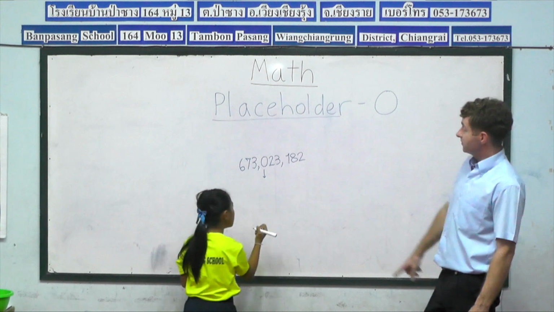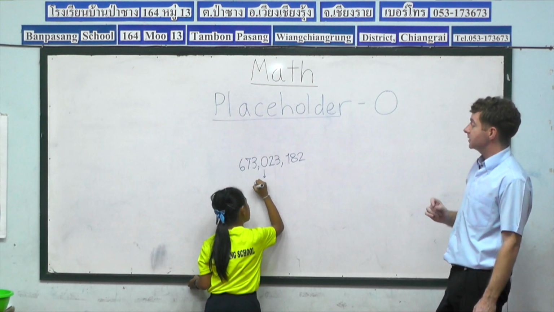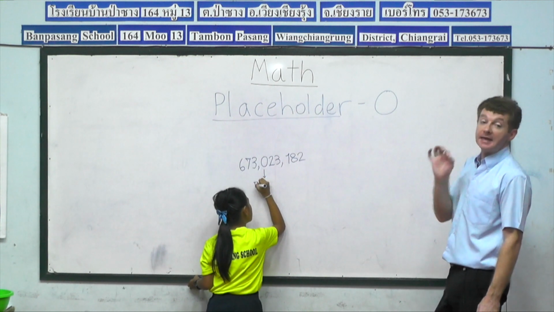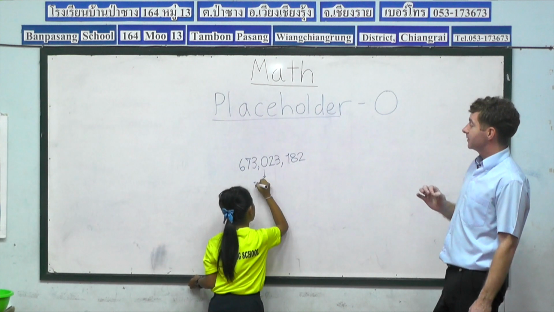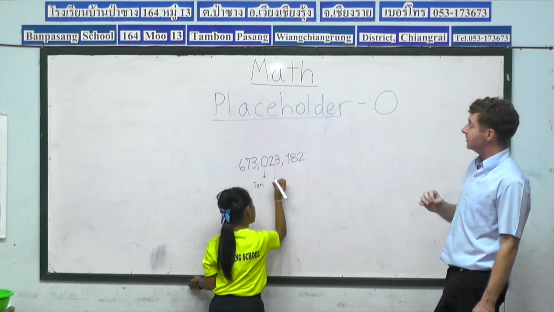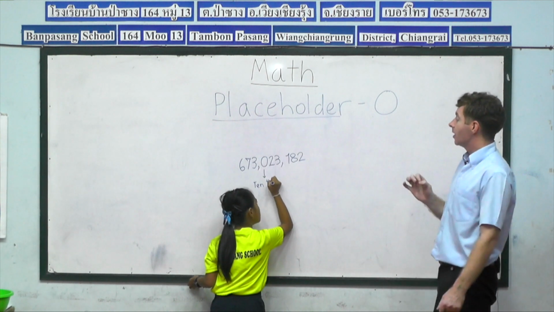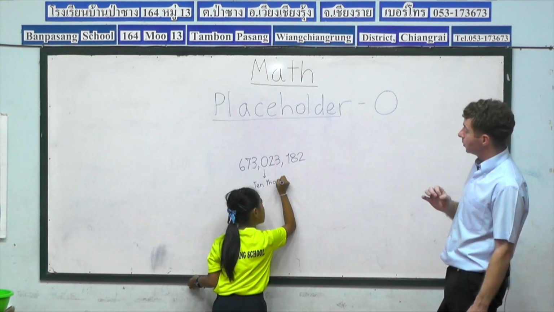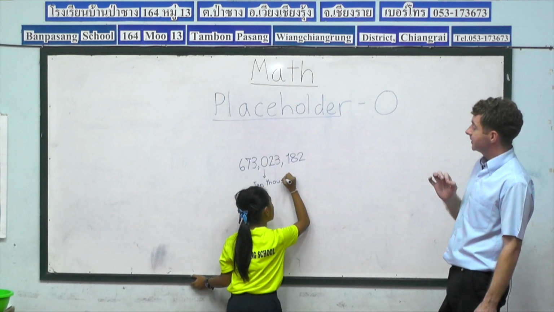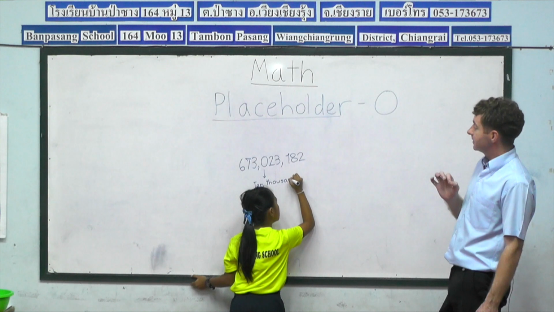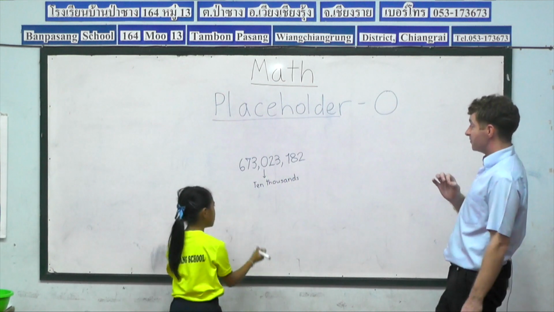And then, can you tell me the place value, ten thousands? T-E-N, thousands, T-H-O-U-S-A-N-D-S. That's perfect, Pak Bung.